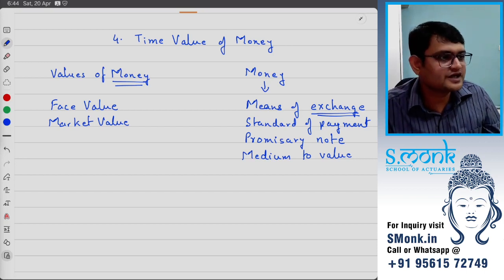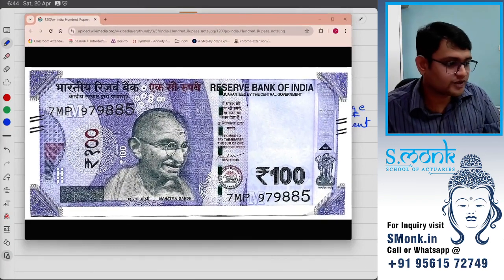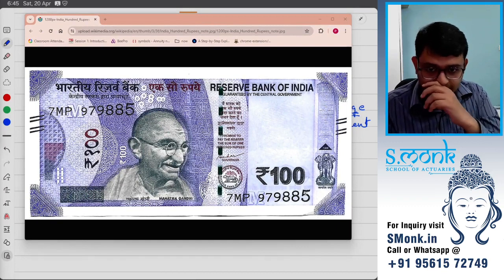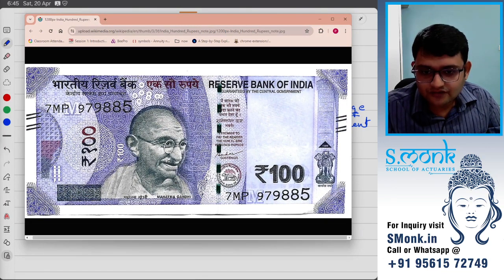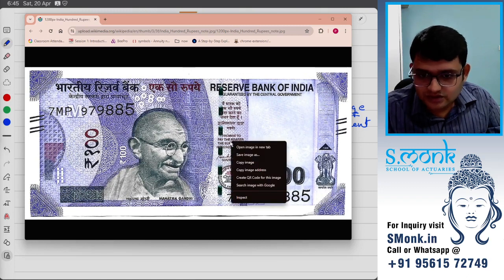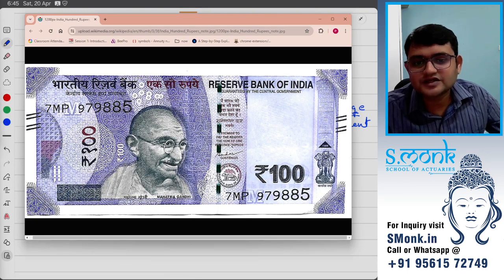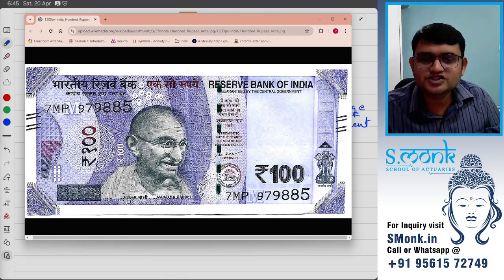So when we see a physical item here, this 100 rupee note, we all know what a 100 rupee note looks like. But this is not a physical item. Rather, if you read a 100 rupee note here, it writes, I promise to pay the bearer the sum of 100 rupees, and this is the governor's signature. This is just a promise.